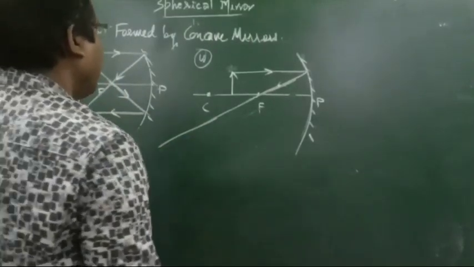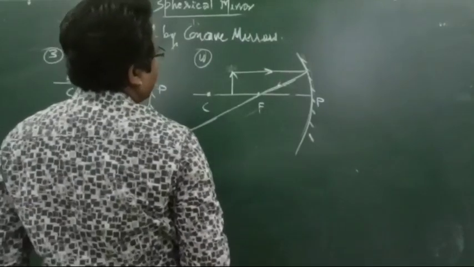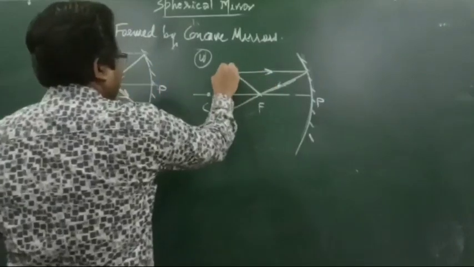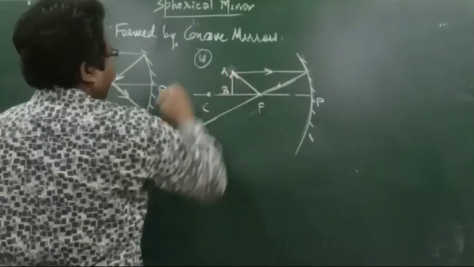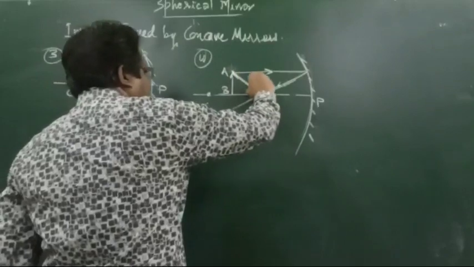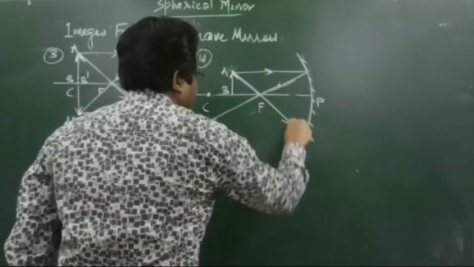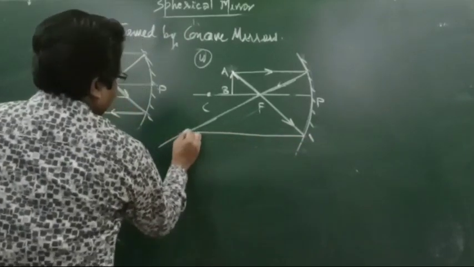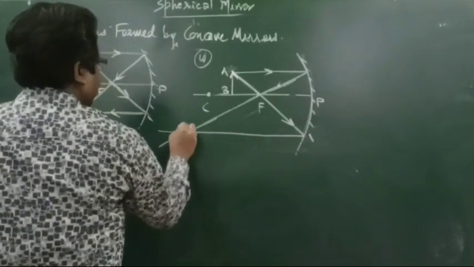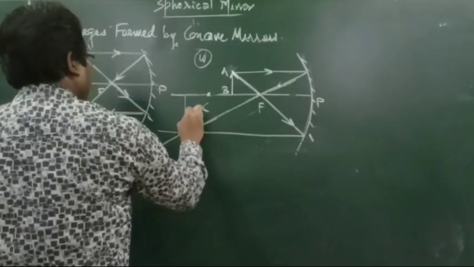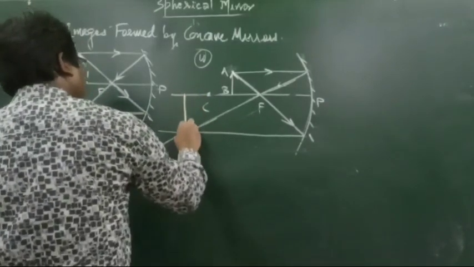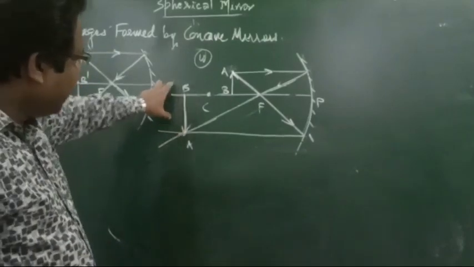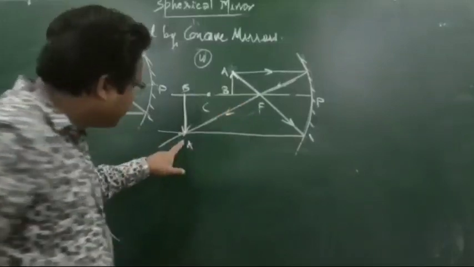Okay. And a ray which is incident through the focus. Here is an object AB. A is the head of the object. A ray which starts through the focus would become parallel after reflection, and these two rays are meeting over here. So here the head A dash will be formed. The image will be formed here. Again the real rays are meeting, so a real image is formed.